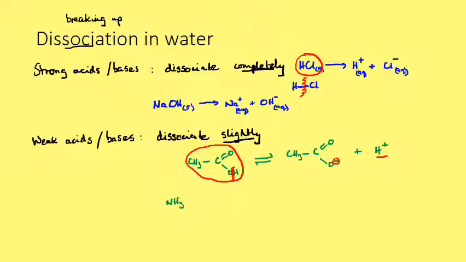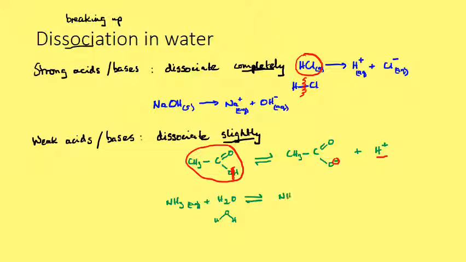So when NH3 dissolves in water, we have an equilibrium reaction set up such that the ammonia forces the dissociation of this water molecule such that it accepts a proton.